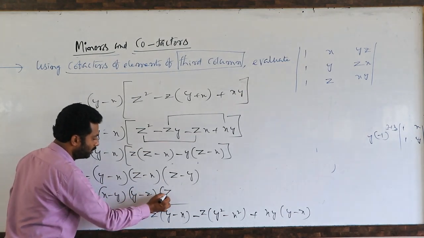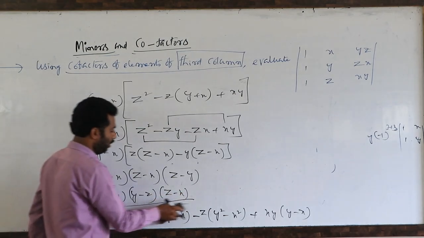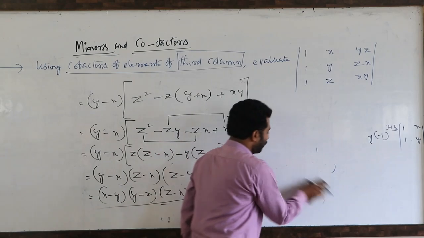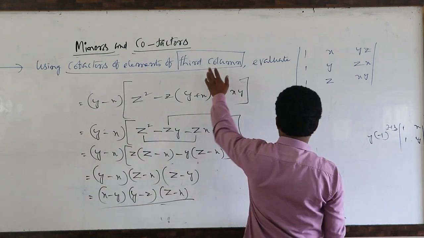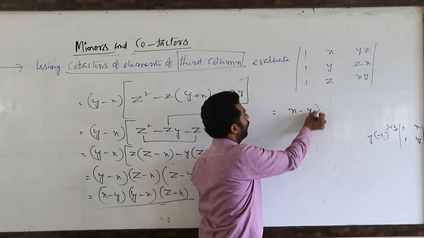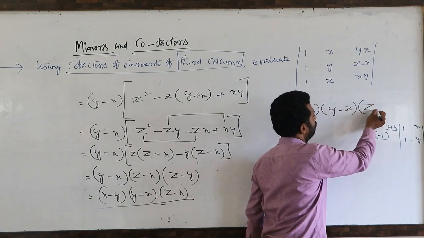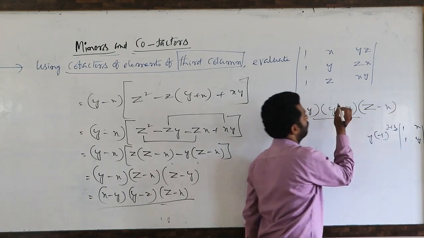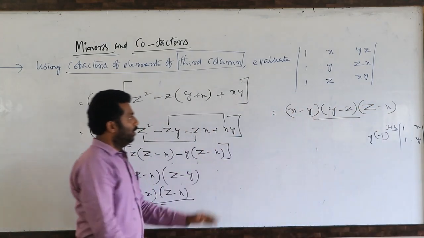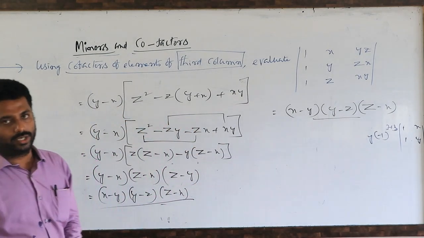This is the same as z minus x. This is the result. So finally, if we expand the determinant along the third column, the value of the determinant is nothing but x minus y into y minus z into z minus x. So like that we have to do. These are the problems based on minors and cofactors. Okay, thank you.